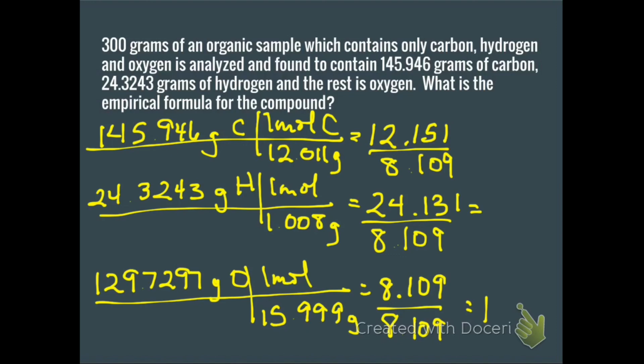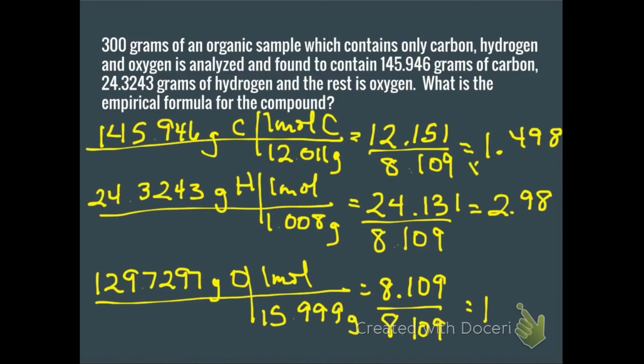This one works out to 2.98, and this one works out to 1.498. So this is basically 1.5, and we know 1.5 is too far to round, so we're going to multiply everything by 2.